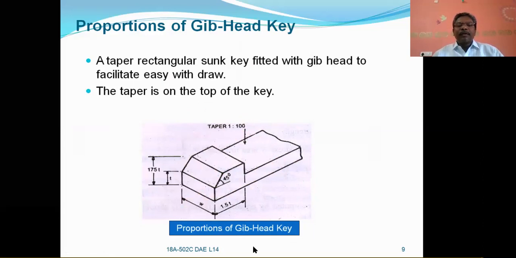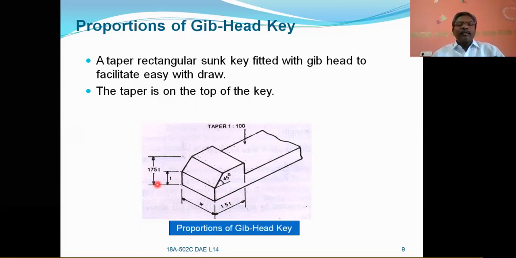This is the width of the key, which is D by 4, that is diameter by 4, and this is the length of the jib head, that is 1.5 times t, where t is the thickness of the key, which is 2 by 3rd of width or D by 6. So the length of the jib head is equal to 1.5 times the thickness of the key.